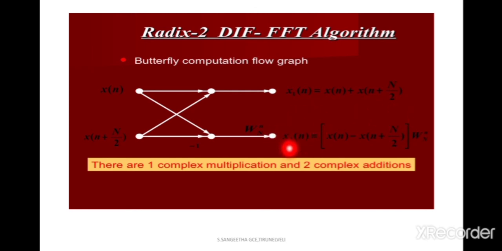Similarly for x2 of n, we have x of n, and x of n plus N/2 multiplied by minus 1. So here we have minus 1, and the value will be minus x of n plus N/2, which gets added with x of n. We have x2 of n equal to x of n minus x of n plus N/2.